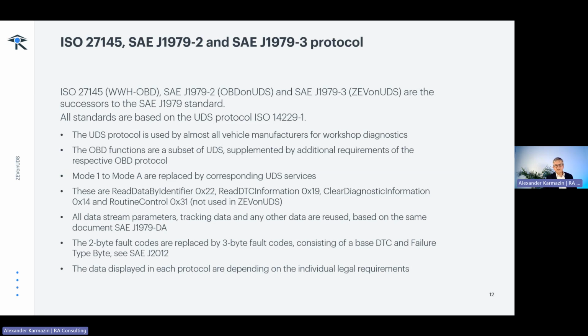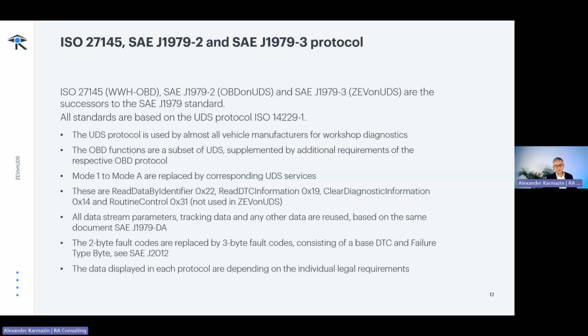But it was, I think, a good time to introduce OBD on UDS and ZEV on UDS, because UDS was already used by nearly everybody, all vehicle manufacturers. OBD functionality is a subset of UDS, especially on ZEV on UDS. It's rather a small subset of UDS. And the previous mode 1 until mode A are replaced by corresponding UDS services.